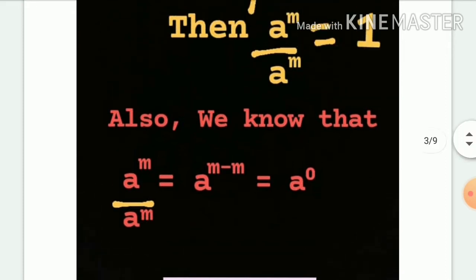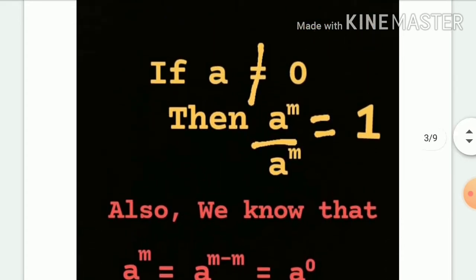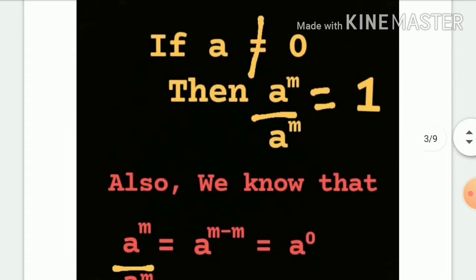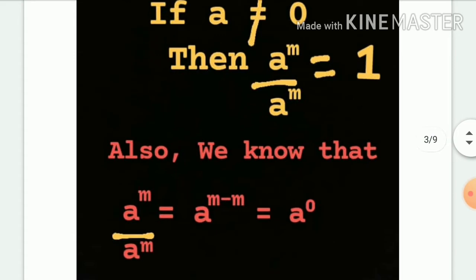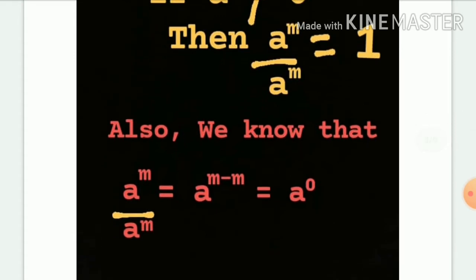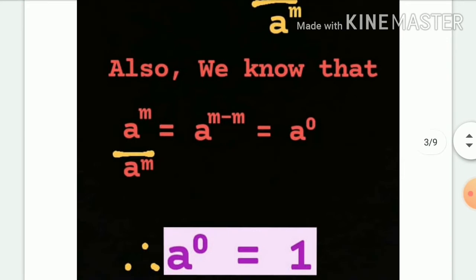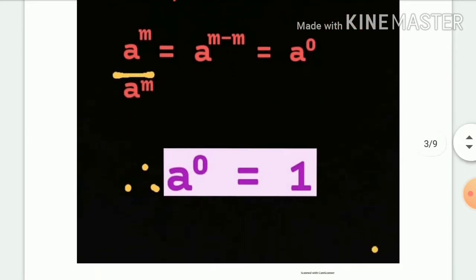Now we will substitute this a raised to 0 in place of a raised to m divided by a raised to m. So what do we get after substituting? A raised to 0 equals 1. So this is your third law: a raised to 0 equals 1.